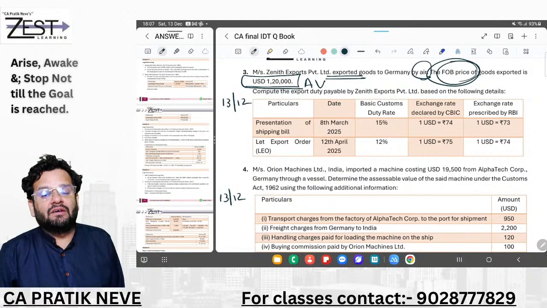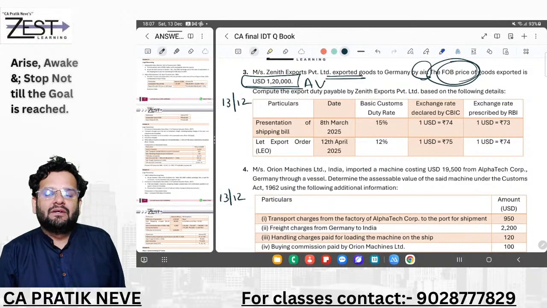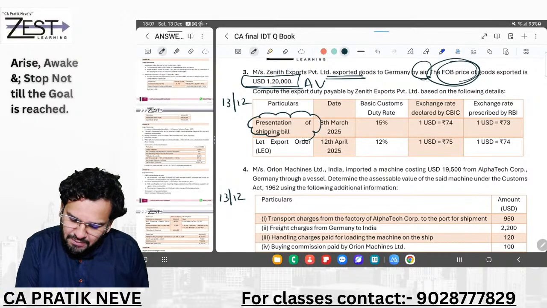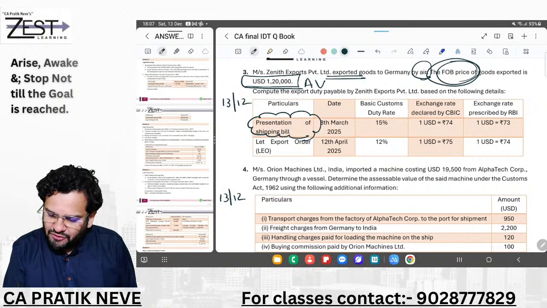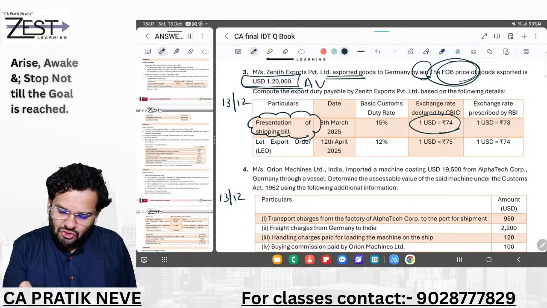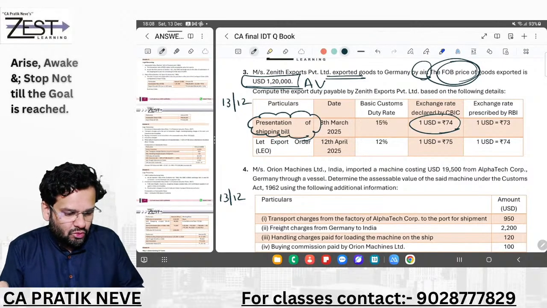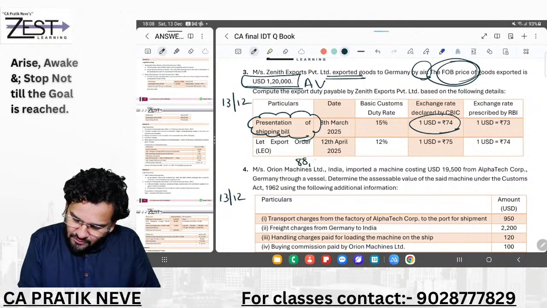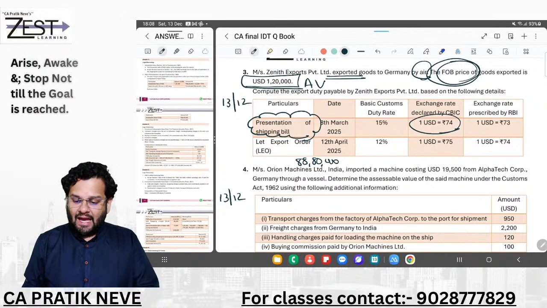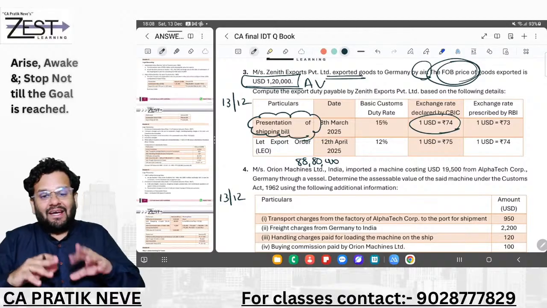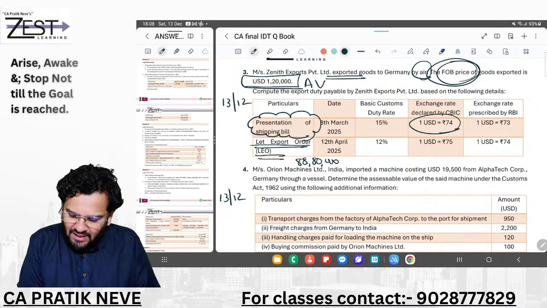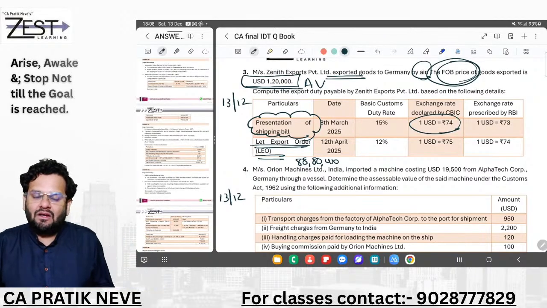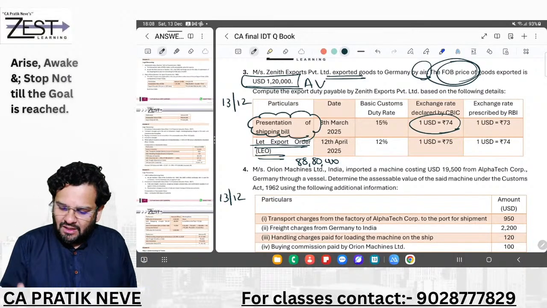And in exports, there is no SWS, and the rate of exchange is taken as on the date of presentation of the shipping bill. So as on the date of presentation of the shipping bill, it is 74. So 1,20,000 into 74, 88 lakh 80,000 will be your assessable value. And as on the date when the let export order is given, or you can say that he gets permission for loading the goods on the ship, as on that day, whatever is the rate of export duty that is taken.